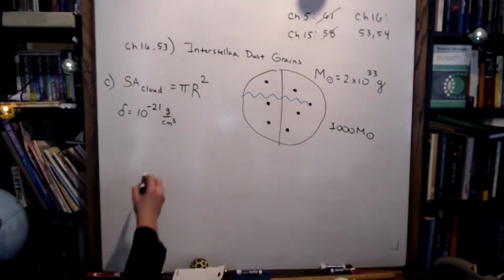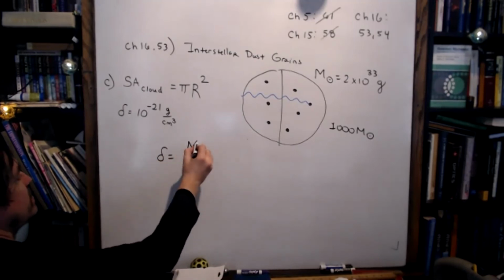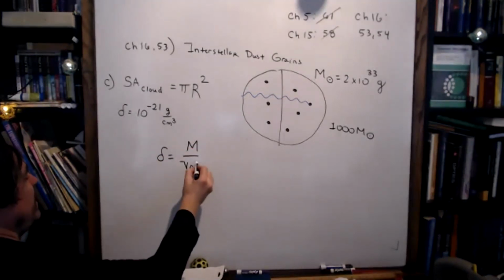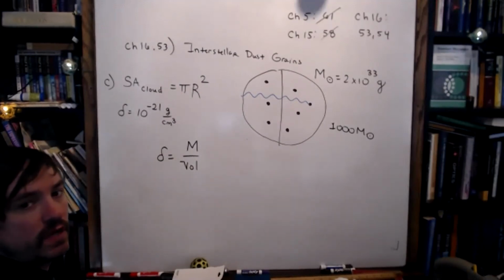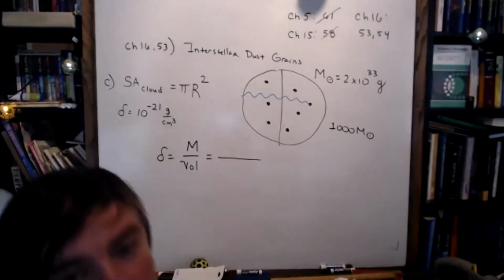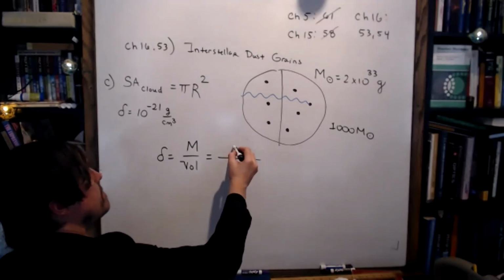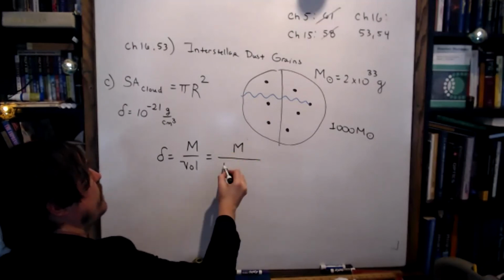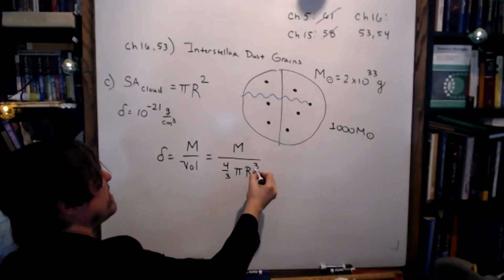Okay, so we know that density is mass divided by volume. We know that the volume of a sphere, I'm going to assume it's a spherical cloud, is 4/3 pi r cubed, so density is mass over 4/3 pi r cubed.